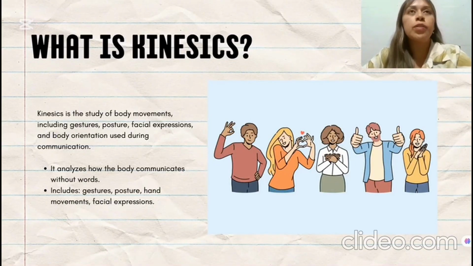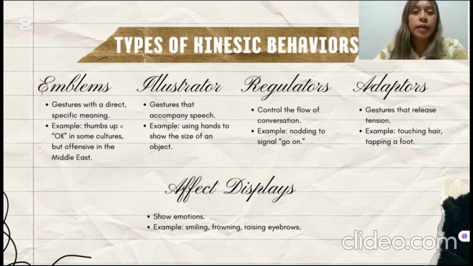Even when we don't speak, our body is still sending messages. Kinesics includes different types of movements. In this case, we have five.